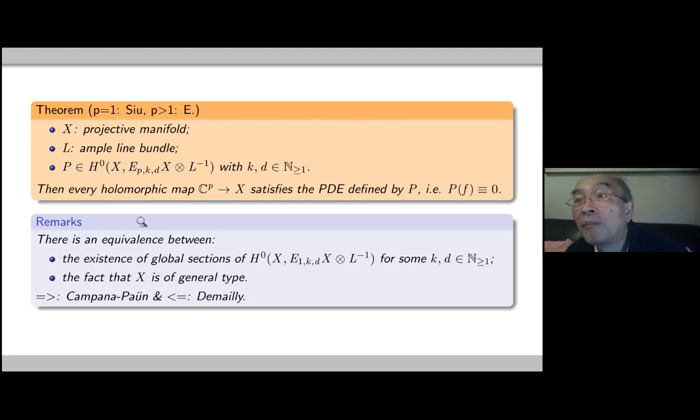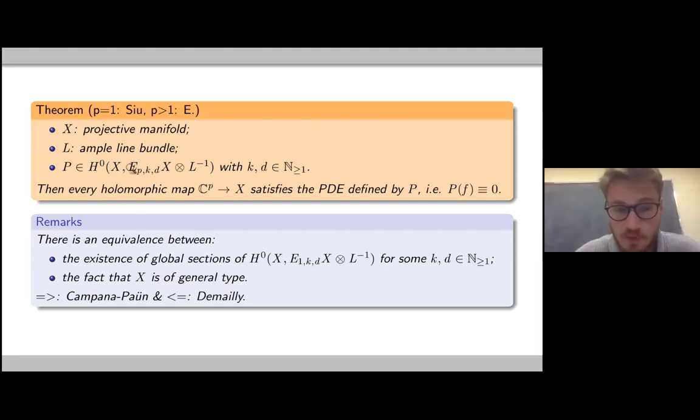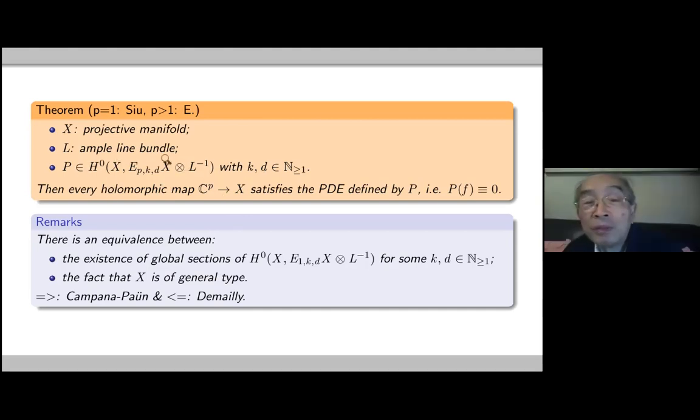Yeah, it's due to Demailly, and actually it computes the Euler characteristic of this vector bundle. It's quite complicated and very technical, but yes, there is an existence proof. We know that if the manifold is of general type, this space for k, d large enough is going to be a nonzero C vector space.